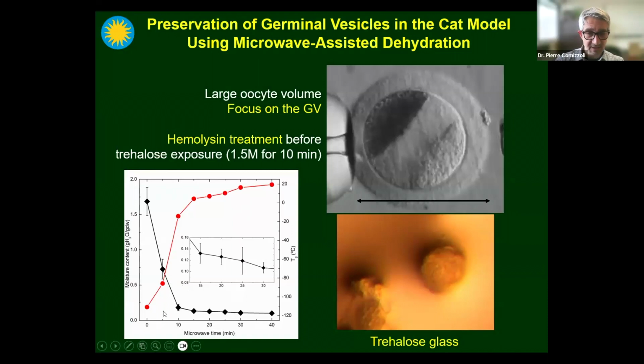But as I said, the advantage is that in the presence of trehalose, you increase also the possibility to store your sample at, for example, supra-zero temperature and even at ambient temperature. But you need really to go very, very low in terms of the final moisture content, which is also, of course, as you can imagine, a challenge. And this is what we've been studying for multiple years.